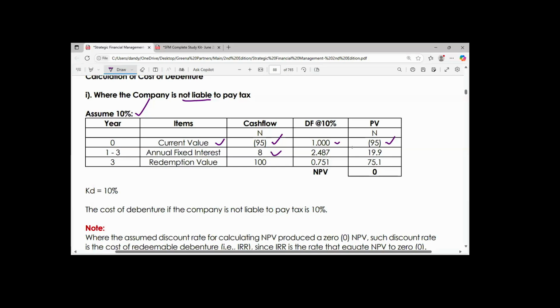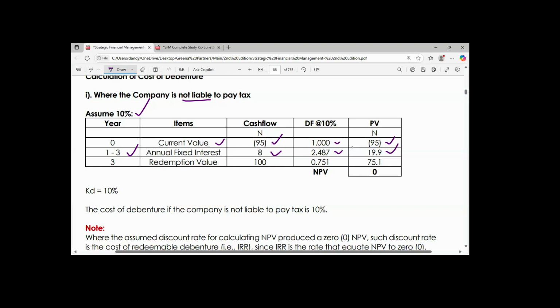From 2019 to 2021, that's 3 years. The company will pay annual fixed interest from year 1 to year 3 of 8%. The annuity factor of year 1 to 3 at 10% will give you 2.487. If you don't know how to calculate the annuity factor, let me know and I can demonstrate that for you quickly. When you multiply 8 with 2.487, we get 19.9, approximately 20.